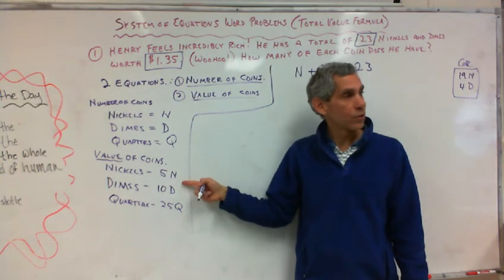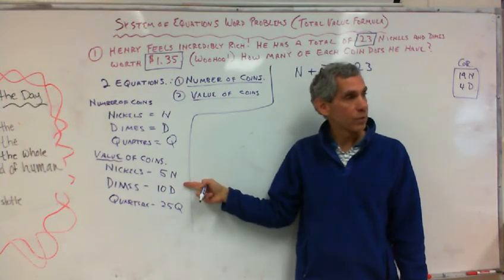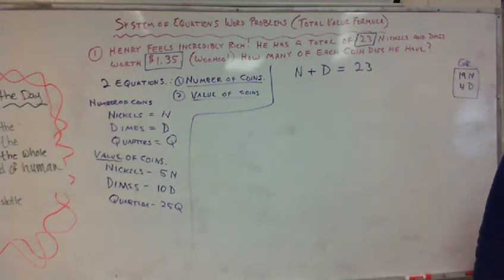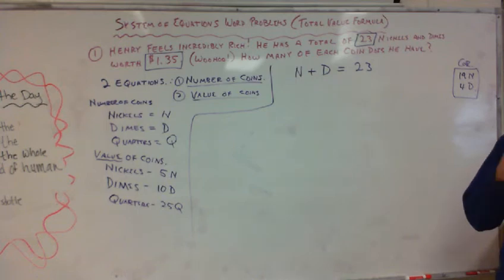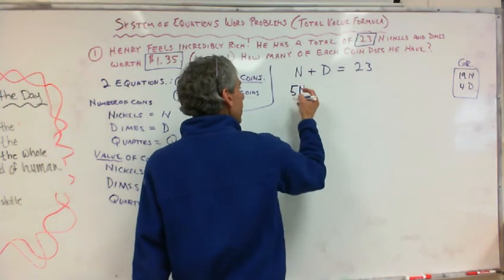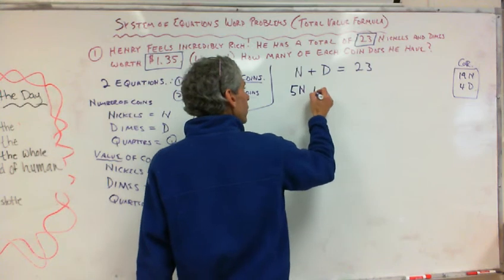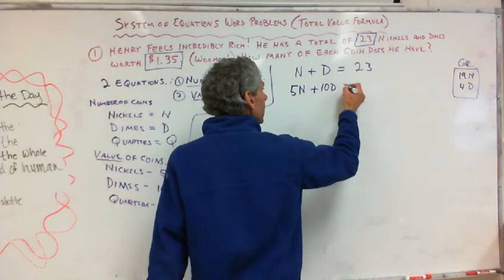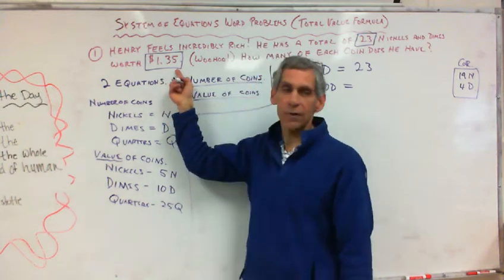This is what you write when you're talking about the value of nickels. So say it again. What would it be? 5N plus 10D equals 135 cents. You guys get that? So now for value, 5 times N, that's 5 cents times N, plus 10 cents times D, the number of dimes, is equal to, and how would I write that?